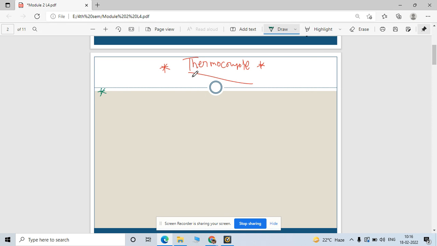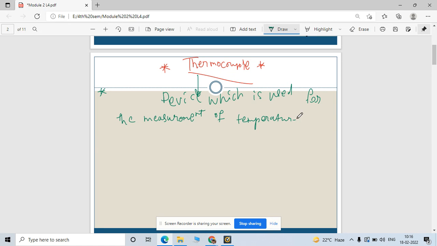So this is a device which is used for the measurement of temperature variation.